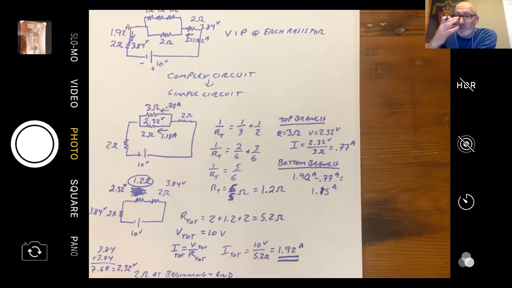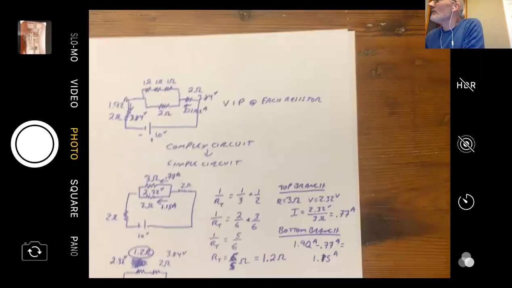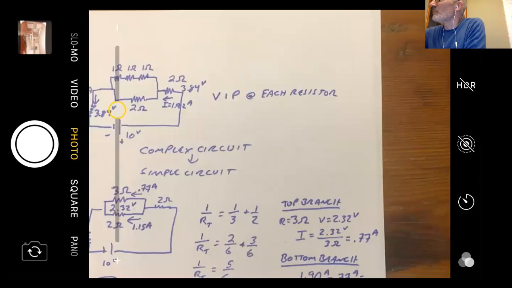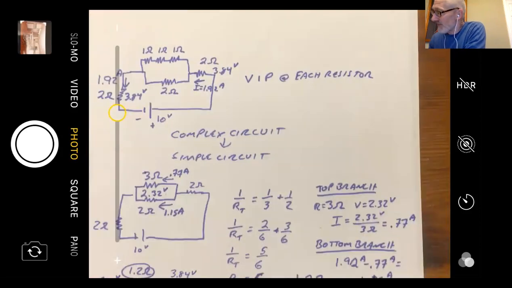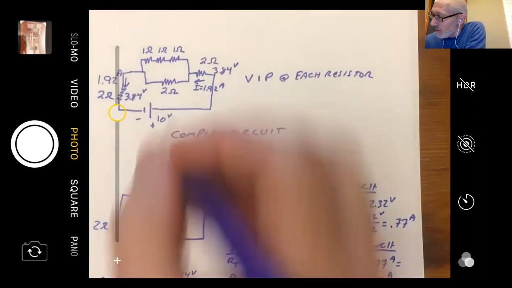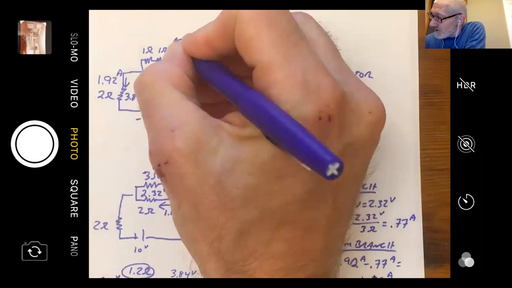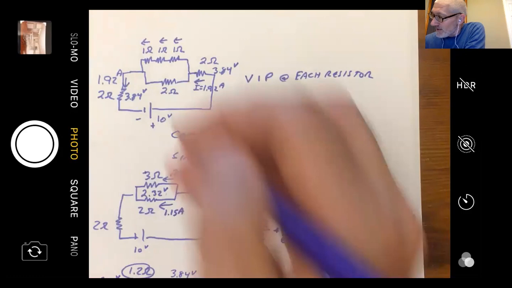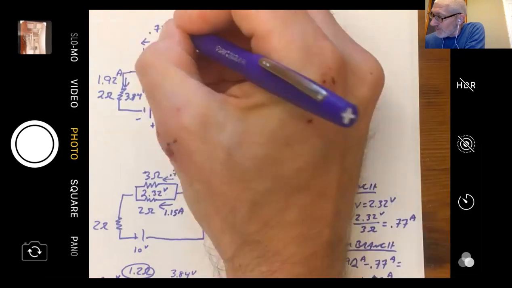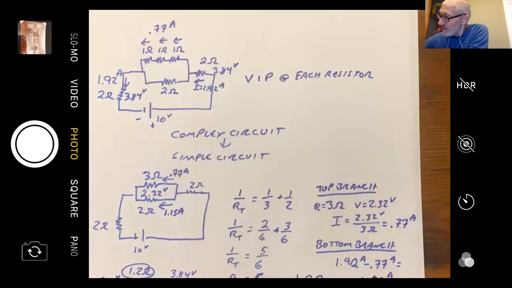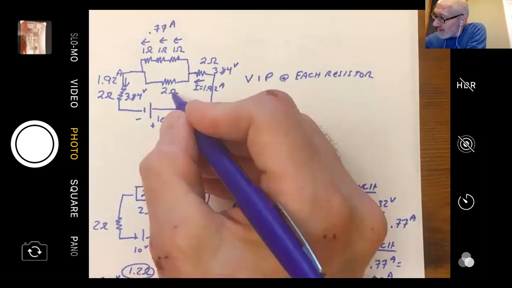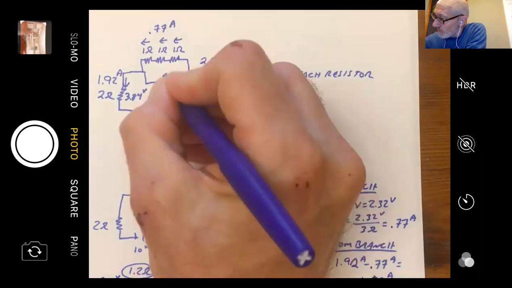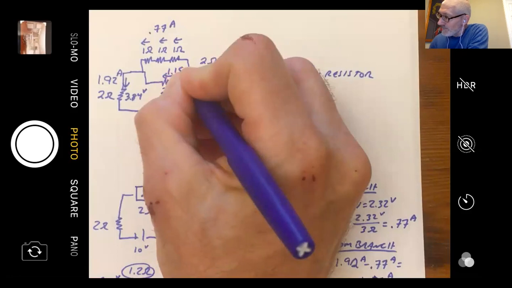These problems are tricky, but we're almost there. At this point, and this is where I wish I'd drawn a little bit bigger for you guys, I'm super sorry about that, I now know that through each of these 1 ohm resistors, the current has to be 0.77 amps. I know that down here, this guy has to have 1.15 amps.